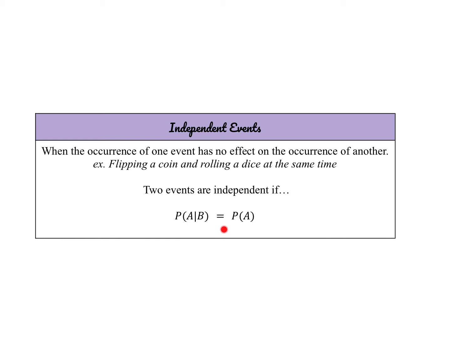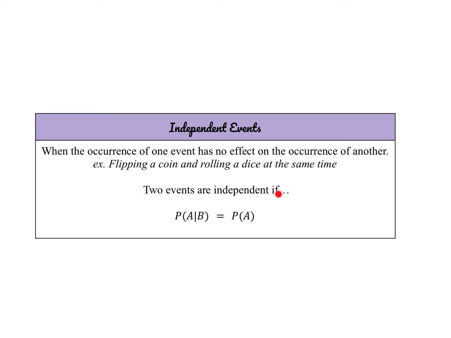Here's one way we can describe independent events. Independent events is when the occurrence of one event has no effect on the occurrence of another. Another example of independent events would be flipping a coin and rolling a die at the same time. Whatever you do with your coin has absolutely no effect on the result of your die, so those are two completely independent events.